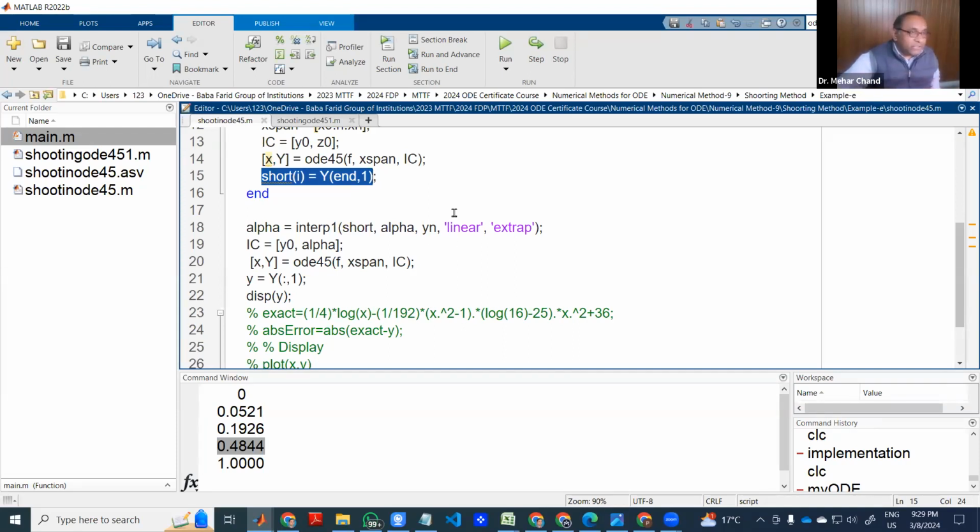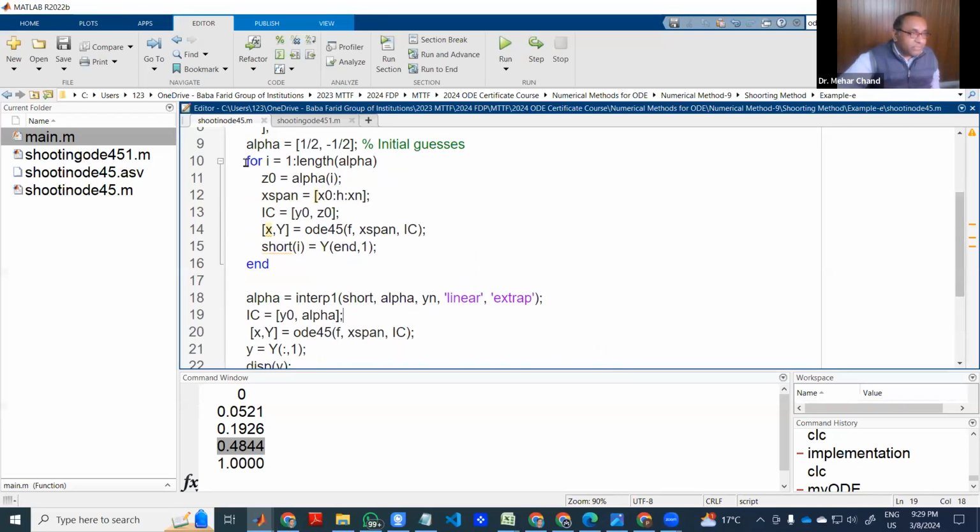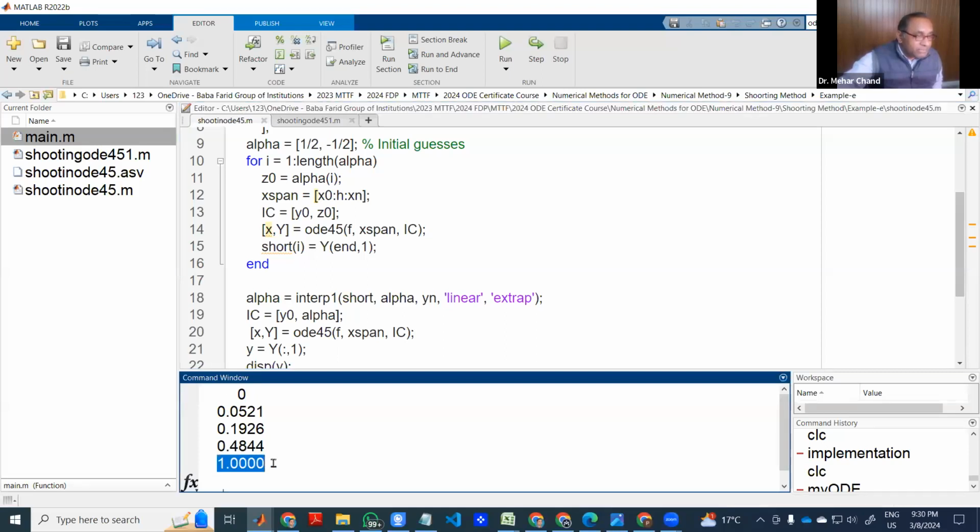So by using interpolate, and also the loop which will initialize and repeat, with the help of linear extrapolation we can shoot the required value. You can see at this place the boundary values are here which I highlighted, and these are the intermediate values which we can get in this way.